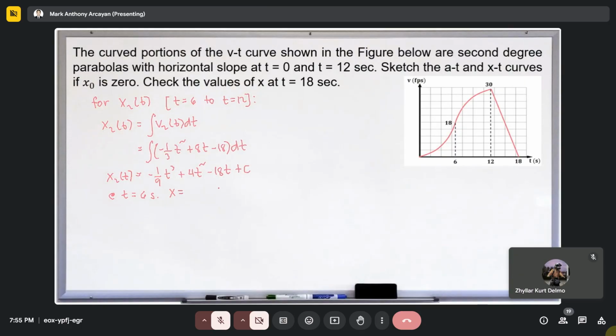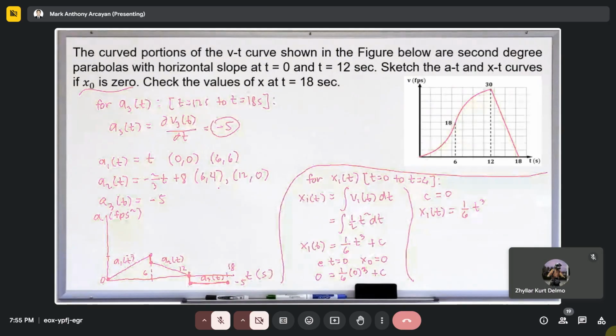To get this value, we refer to the first displacement function for x sub 1. Let's complete the information that at t equals 0, x equals 0. Then at t equals 6 seconds, what would be the displacement? We can solve that by evaluating our first displacement function at t equals 6.